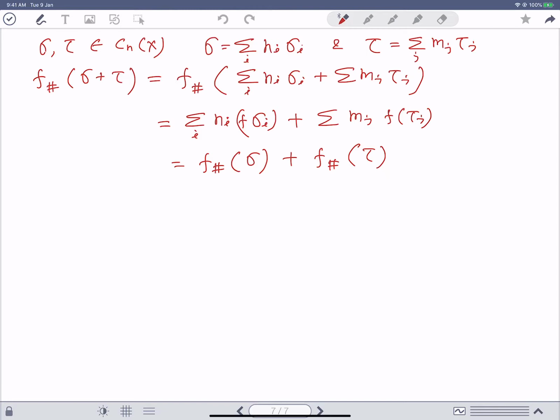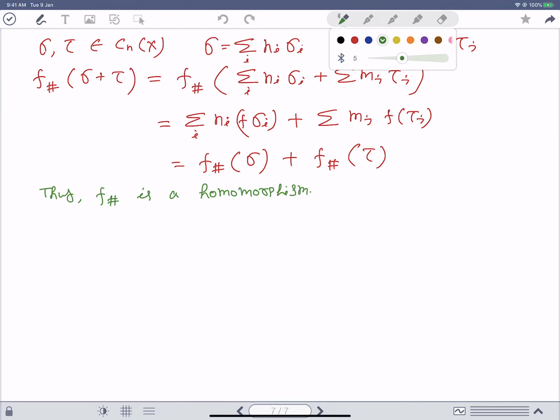So this is a homomorphism. Thus f hat is a homomorphism. See, the proof is very simple, right? It trivially follows from the construction, or you can say the definition.